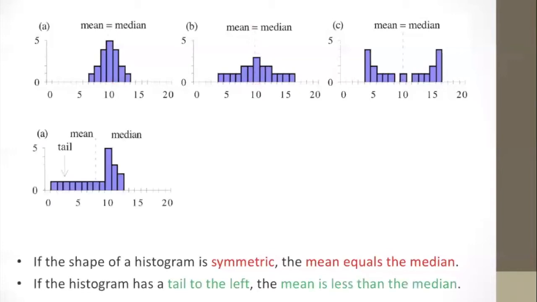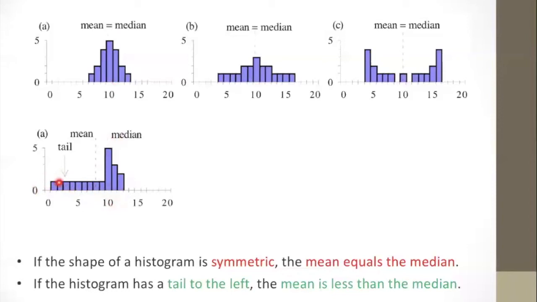When we have data which is skewed, when it's not symmetric, so when we have outliers in our data set, like in this histogram over here, we have a bunch of outliers over here. Most of our values are stacked between 10 and 13, but then we have some small values over here. We would call this feature of a histogram a tail.